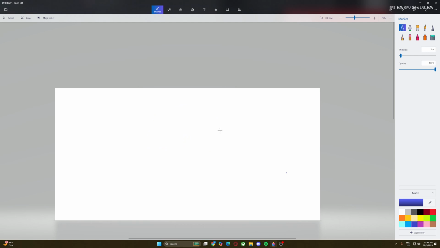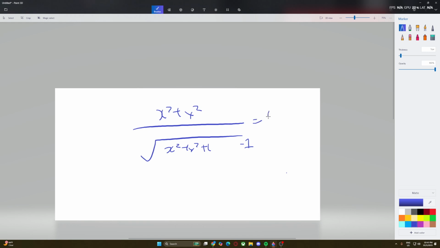Typically speaking, functions with lower power, like x squared, y squared minus 1, even though it's 0 over 0, you generally just gotta think about the equation at hand.